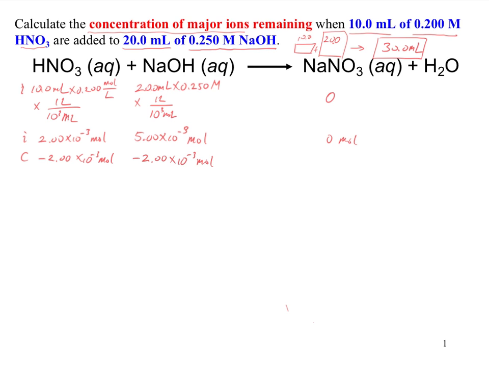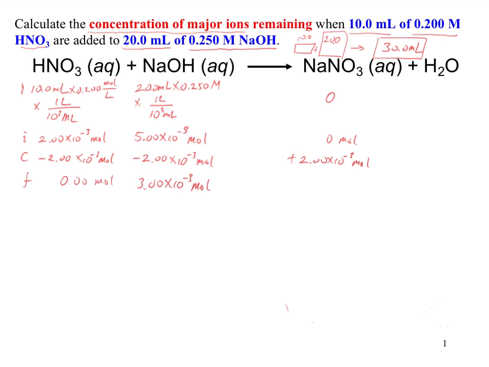And how many moles of sodium nitrate are produced? They're all 1-to-1-to-1 ratio. So therefore, we have 2.00 times 10 to the negative 3 mole of sodium nitrate produced. As a result, we have none of the nitric acid left, but we have 3.00 times 10 to the negative 3 mole of sodium hydroxide.